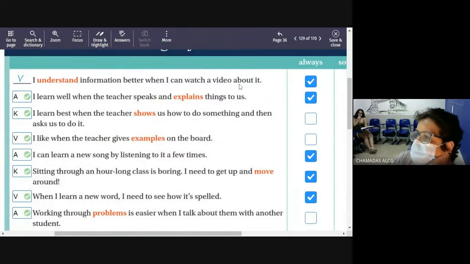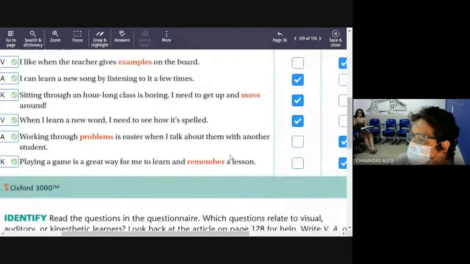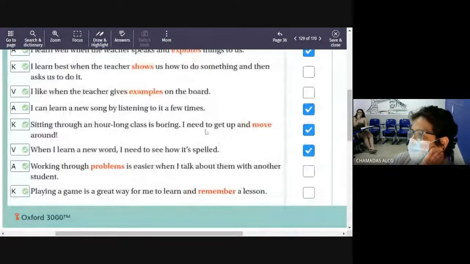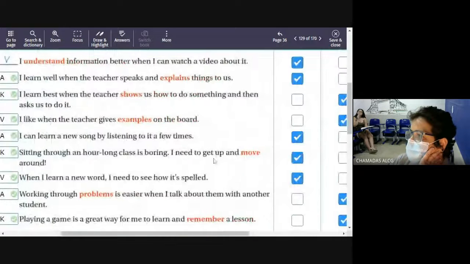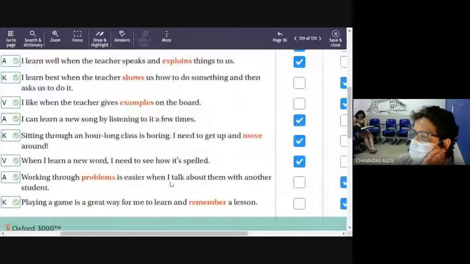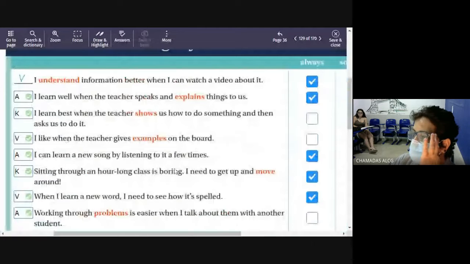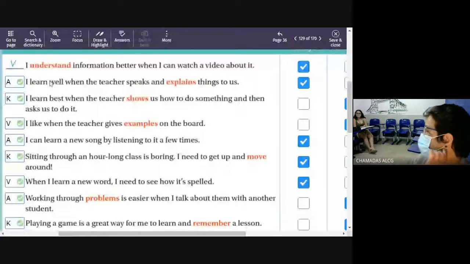So here we have 1, 2, only 2. How many for auditory? 1, 2, 2 again. How many for kinesthetic? 1, only 1. So according to this quiz and the answers we gave, we are visual and auditory.